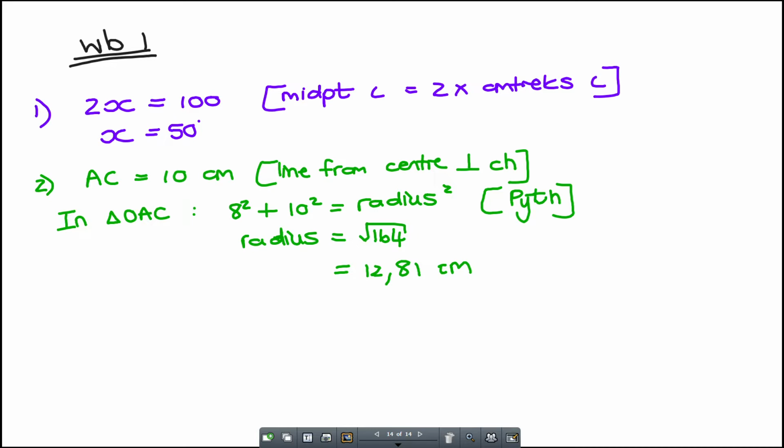Did you stick to the 2 square root 41? No, I just said 12,8. That's okay. We didn't say anything about the rounding off. So we would be very specific in the test or exam. Two square root 41 and after that centimeter.